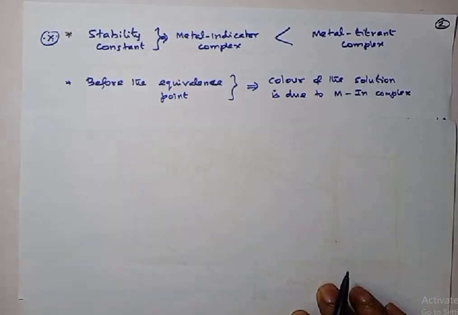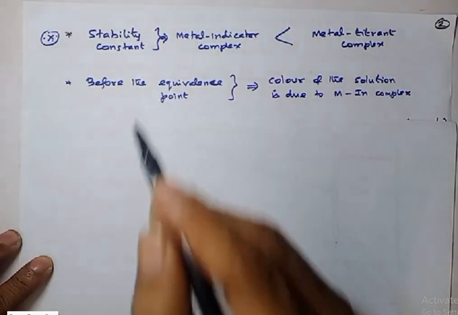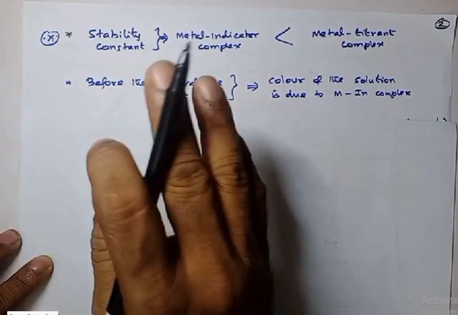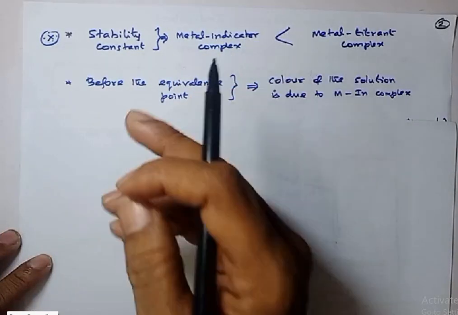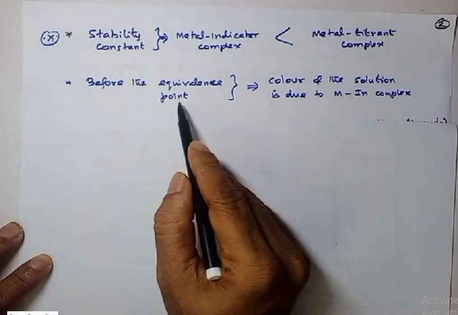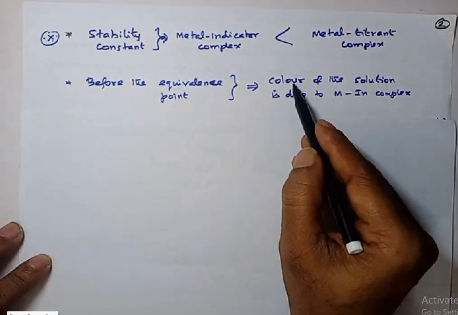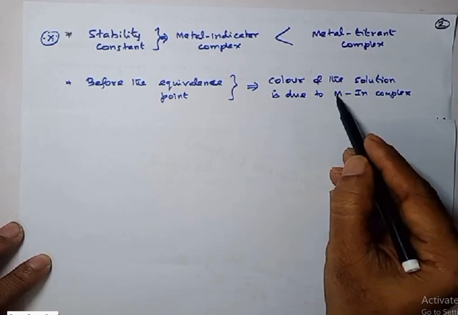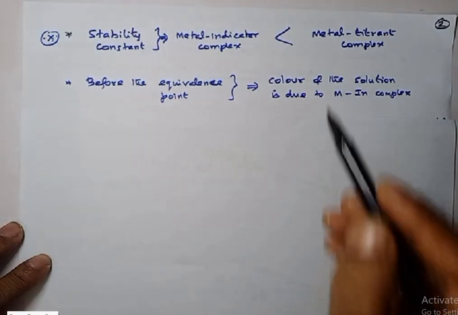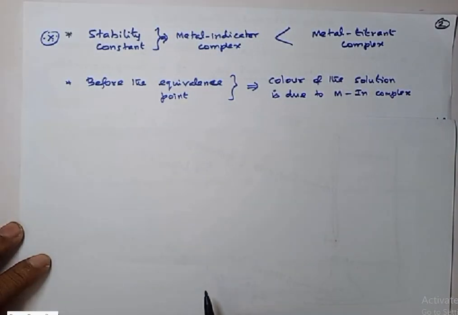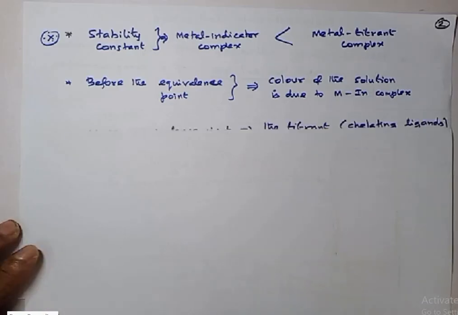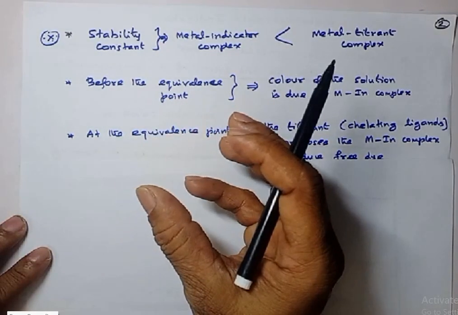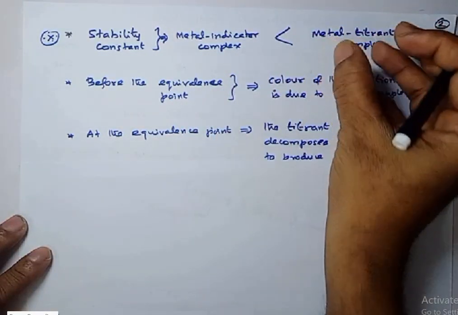Before the equivalence point, let me use the word equivalence point here, but you know very well in volumetric titration we always get the end point. Before the equivalence point, the color of the solution in the conical flask is due to metal indicator complex. Then at the equivalence point, we will have sufficient amount of ligand, titrant.